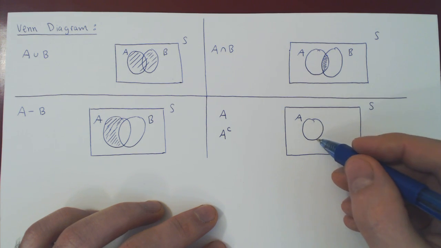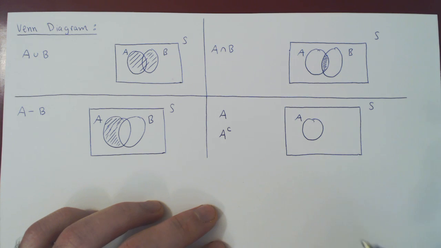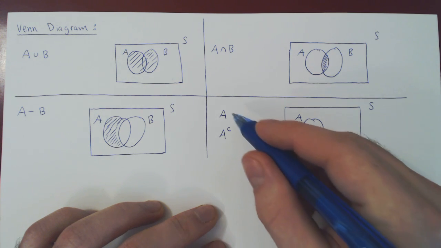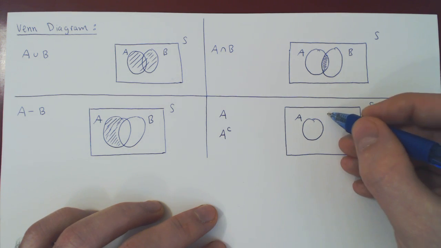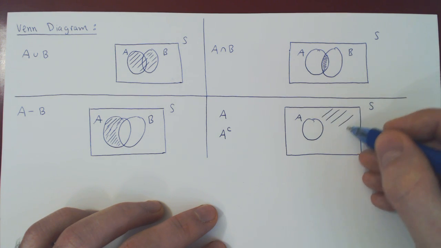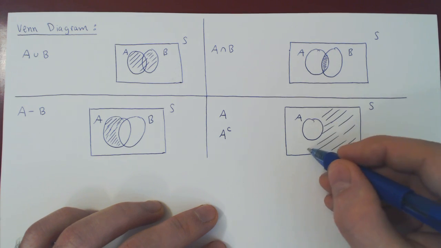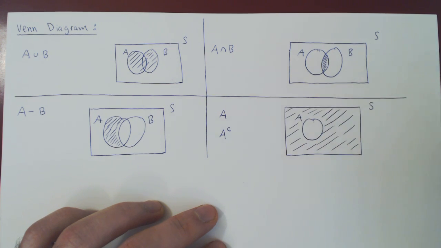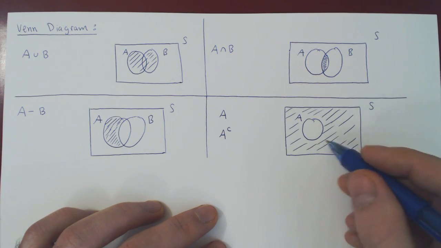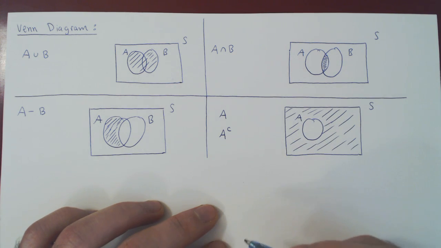So this is A. And if you remember, a complement was every element in S that is not in A. So everything except in A. So of course, that is exactly that. Everything in our universal set except the elements that are in A. So this is now a complement. Everything but A.